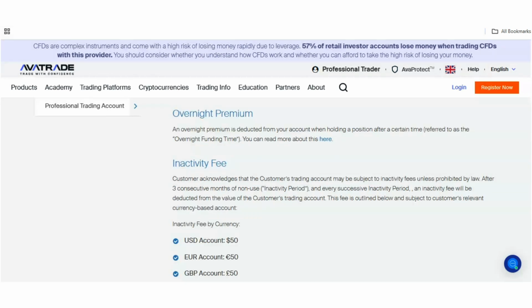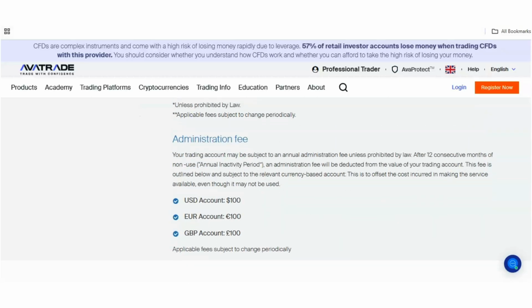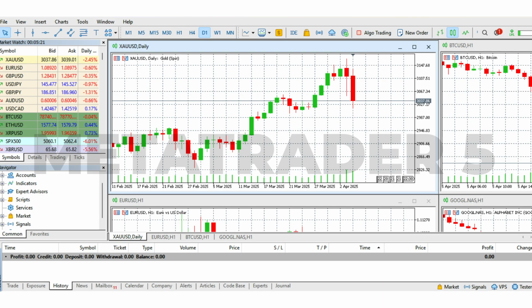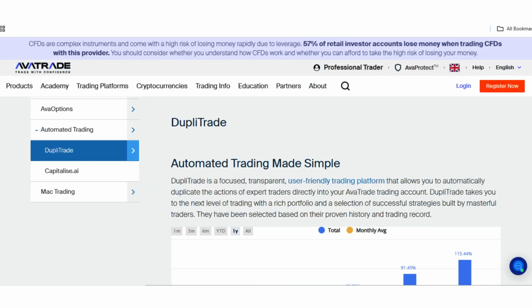But you will be charged swap fee or overnight premium, and then inactivity fees or administration fees for leaving your account without trading activity for 12 months. Apart from AvaTrade's proprietary web trading and mobile app platforms, they also have MetaTrader 4, MetaTrader 5, Ava Options platforms for options trading, and Ava Social and DupliTrade platforms for social and copy trading.